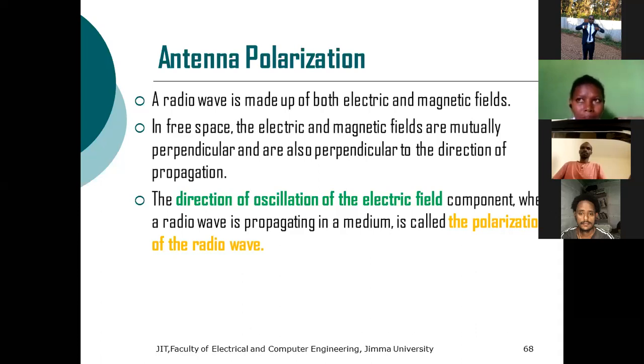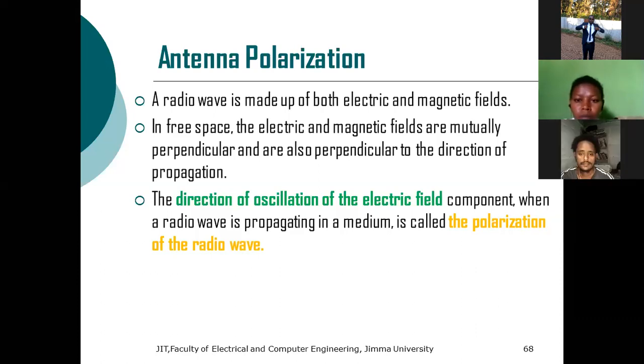If the electric field is oriented, as the electromagnetic wave propagates, so that it traces a linear line through a medium, we call it linear polarization. Whereas when it traces like a circle, we call it circular polarization.